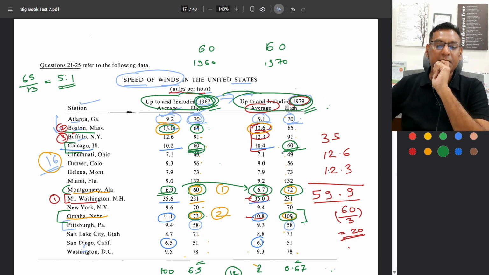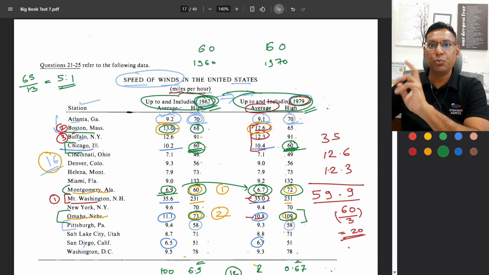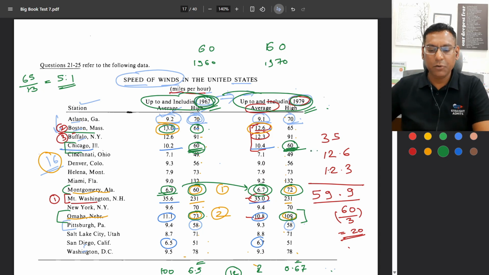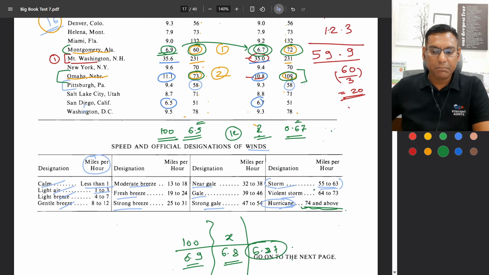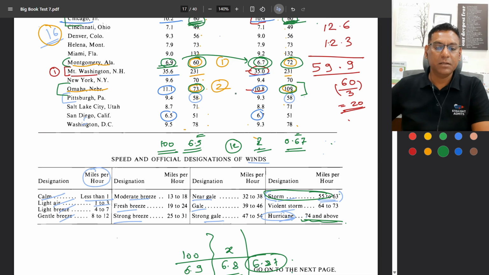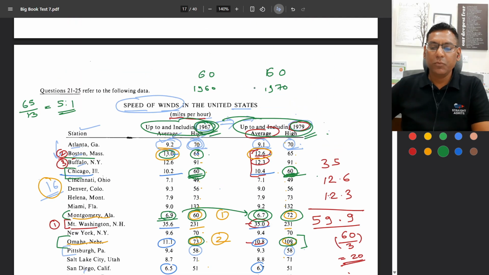So this 60 and this 60 could actually refer to two different storms. One storm could have happened after 1967, or maybe this 60 and this 60 is referring to the same 1960 event. I don't know that.